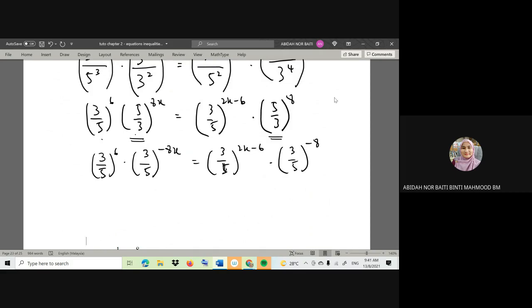When the base is the same, only then can we apply rules of indices. Same base times, so we add the powers. So 6 minus 8x.